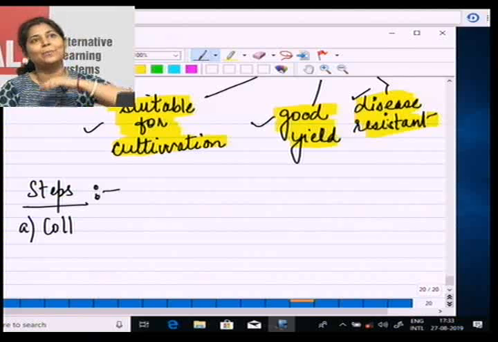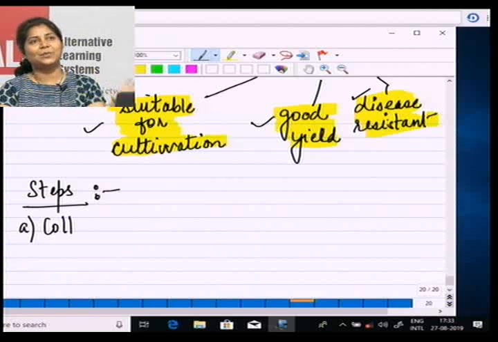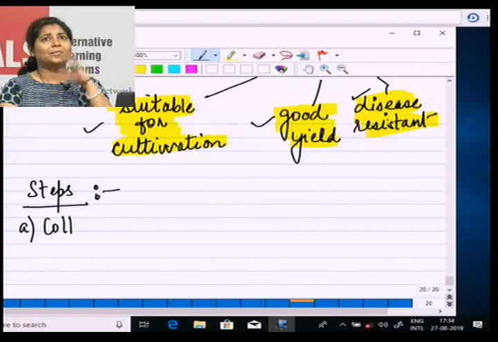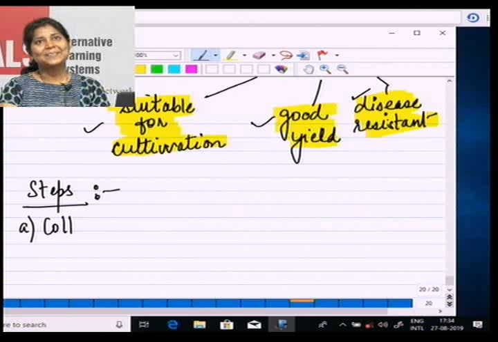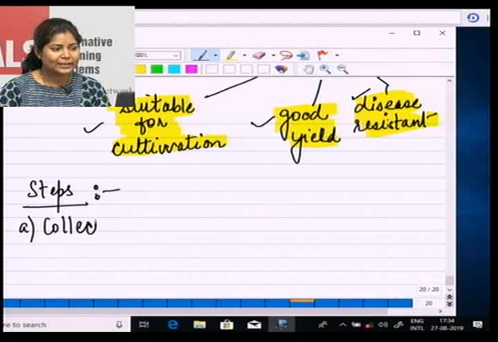I will start from Kashmir, I will go to every state, Kashmir, Haryana, Punjab, then down in the east, Jharkhand, Bihar, West Bengal, the 7 sister states. I will go to all the places and I will collect all the variability.